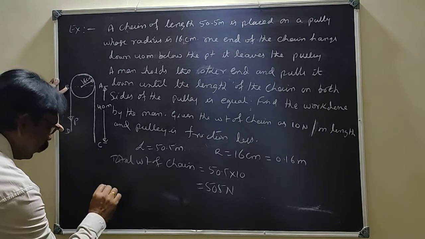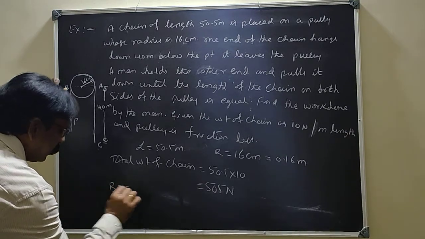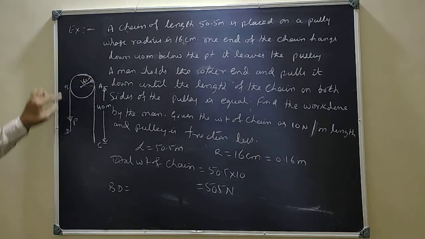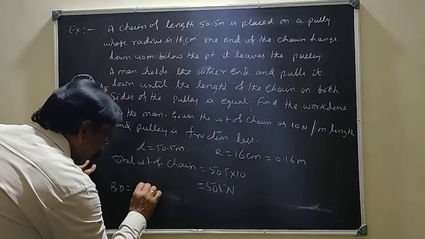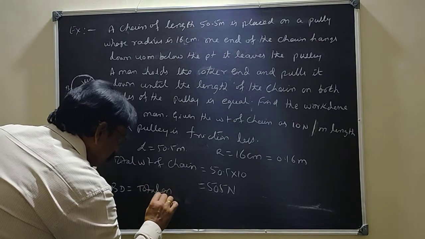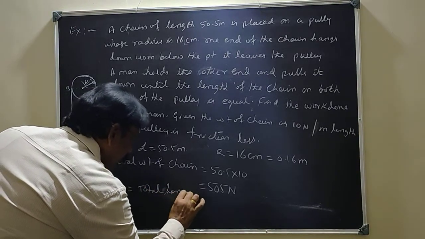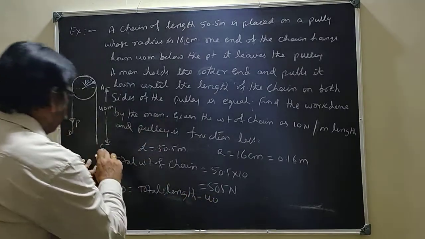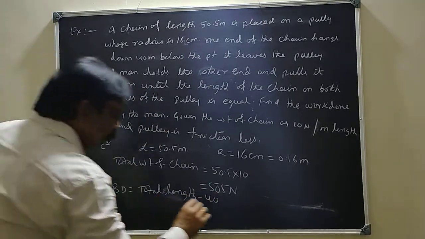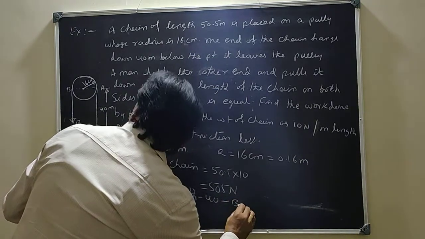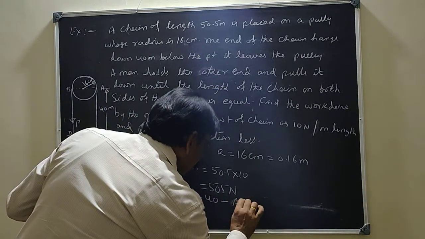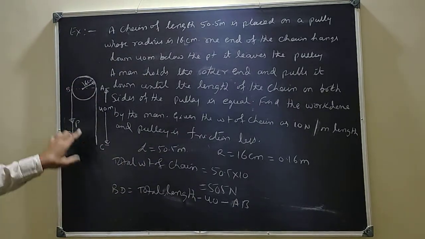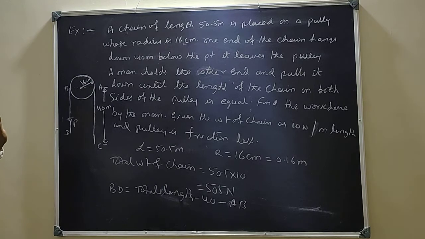So BD is equal to the total length minus 40, that is AC, then minus AB, that AB is nothing but the half of the circumferential length of the pulley.